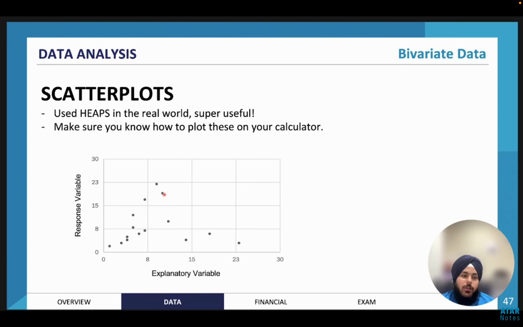So if we were to interpret a particular data point, let's just say this one, we would look down and see what the x variable is. So, we have an explanatory variable value of around 10. And then we can look at the y variable. That would be approximately 20 or 21.